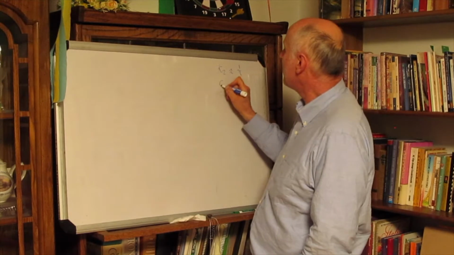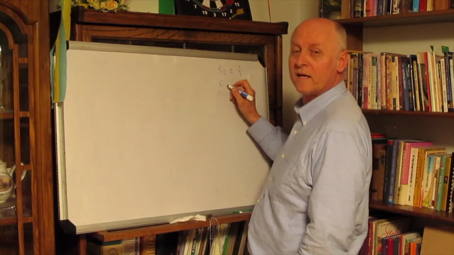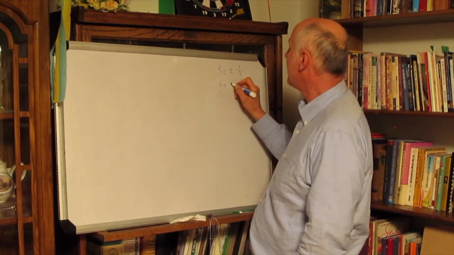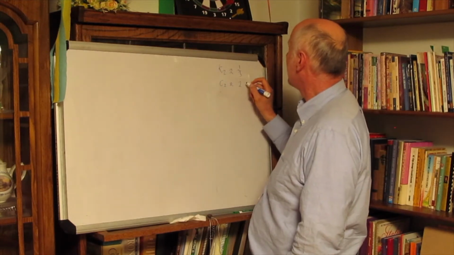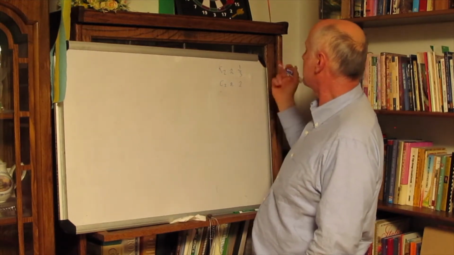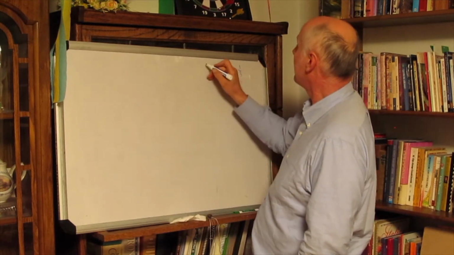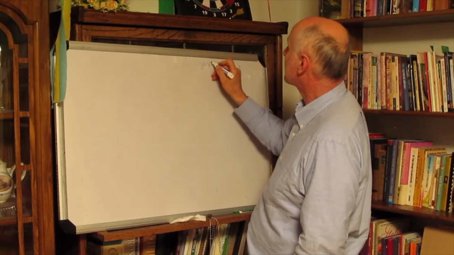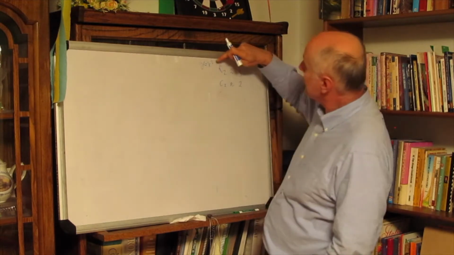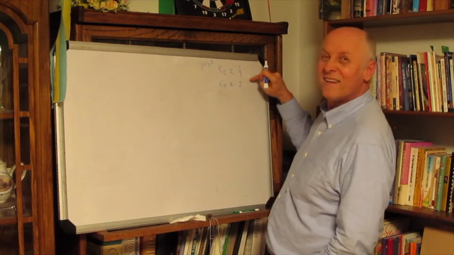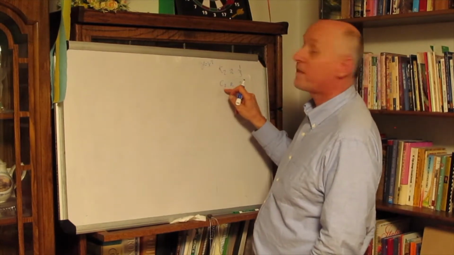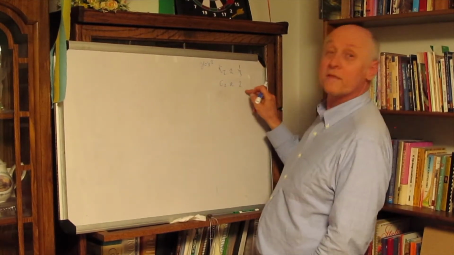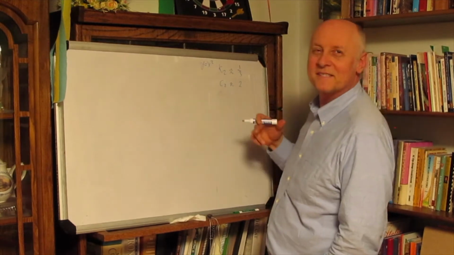And C2, the slope ratio, equals about 2. This is for y equals x squared. Notice the 2. Well, we'll find out for x to the third that the C3 is going to equal 3, and so forth.